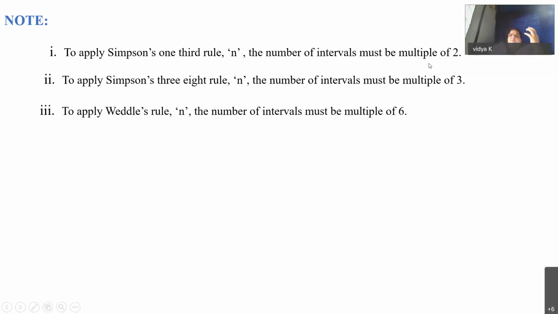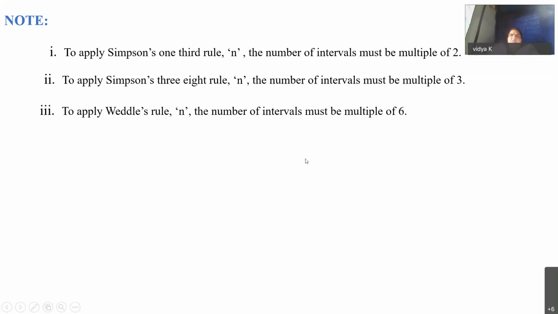Therefore, if n is 12, prefer Weddle's rather than 2 and 3, even though 12 is a multiple of 2 and 3. Suppose n is 4, then there is no other option, you have to apply Simpson's 1/3. Suppose n is 9, it is neither a multiple of 2 nor of 6, so you prefer Simpson's 3/8 rule. So this is how you can decide.